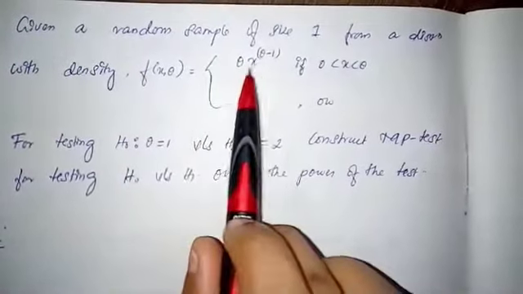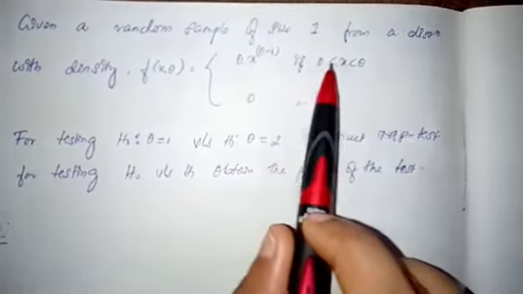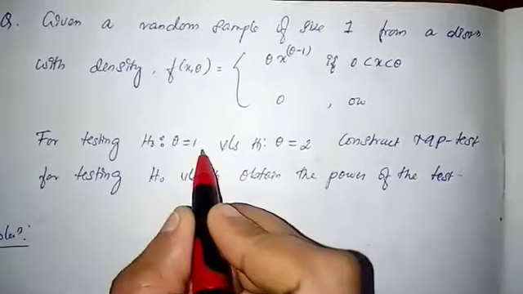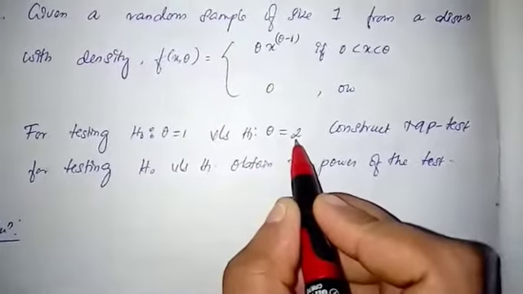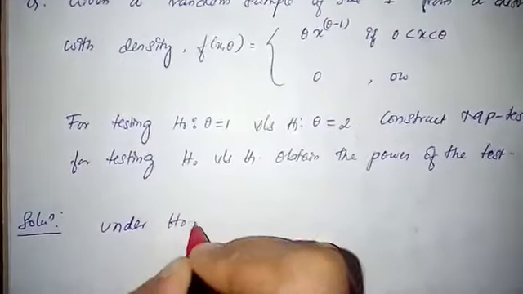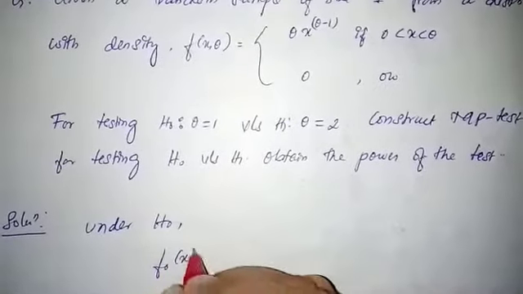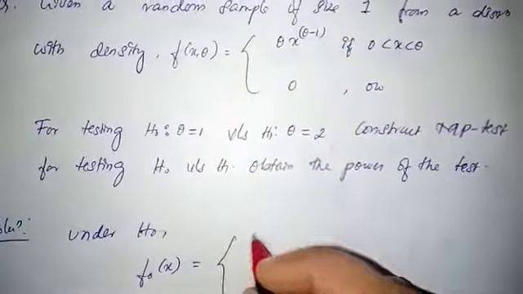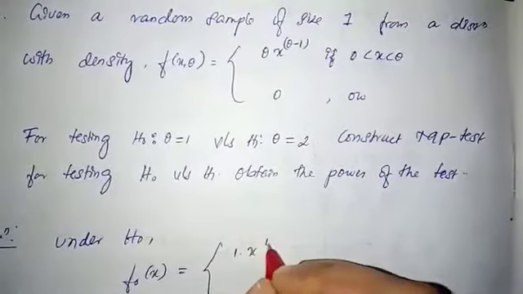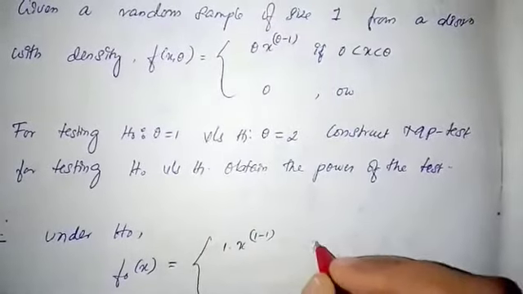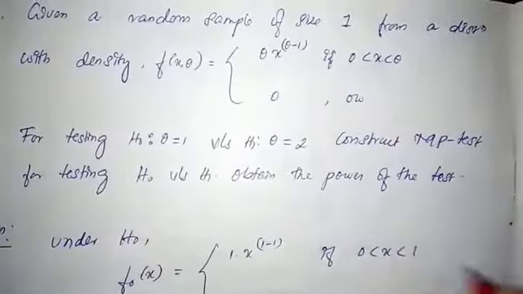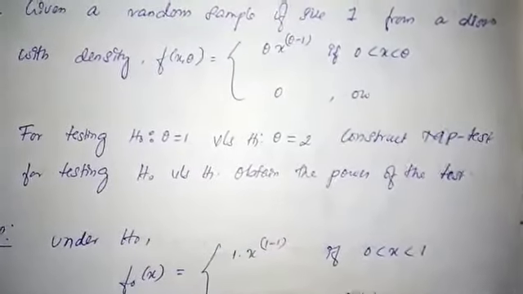That is f(x; theta) equal to theta times x to the power theta minus 1 if 0 less than x less than 1. But here under H0 theta is equal to 1 and under H1 theta equal to 2. Under H0, what is the density? f0(x), with theta equal to 1, that is 1 times x to the power 1 minus 1 if 0 less than x less than 1, and 0 otherwise.